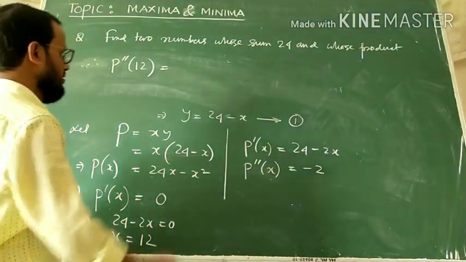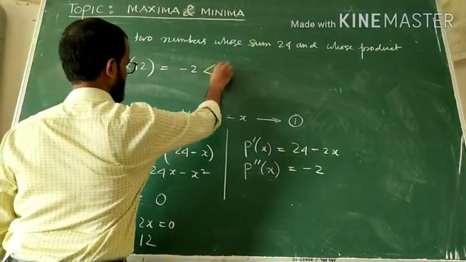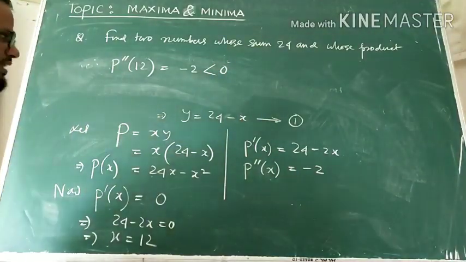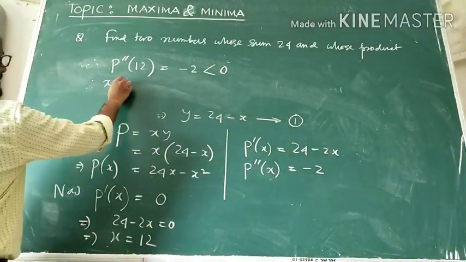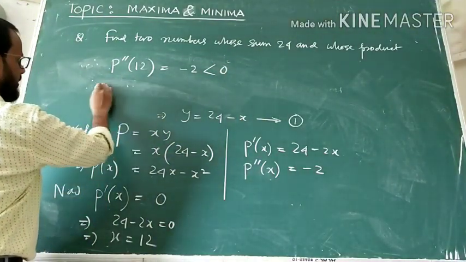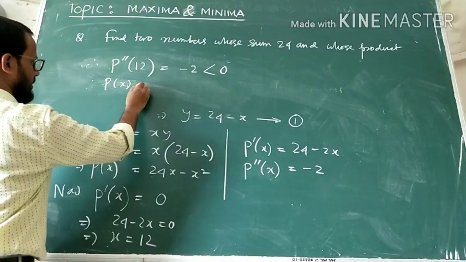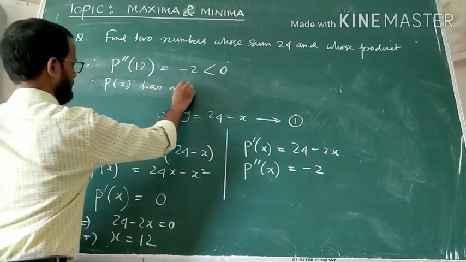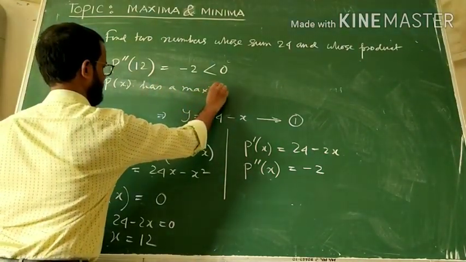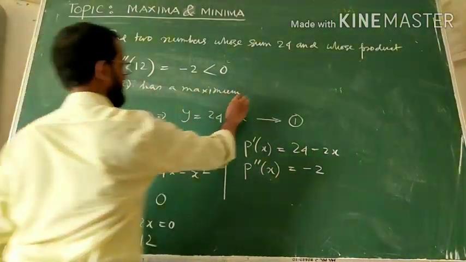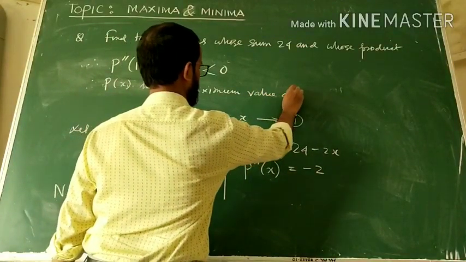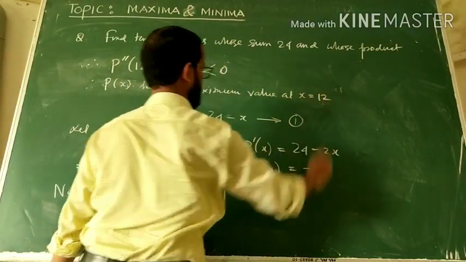So 12 के लिए क्या होगा? minus 2 ही होगा. So less than 0. Less than 0 होने से क्या मिलता है? Therefore x is equal to 12, and therefore p x has a maximum value at x is equal to 12.